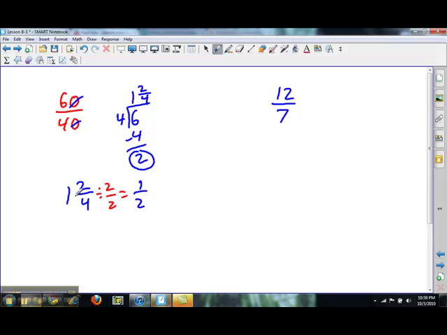So 1/2. So that's gone, and what I'm left with is 1 and 1/2. So 60/40 equals 1 and 1/2.